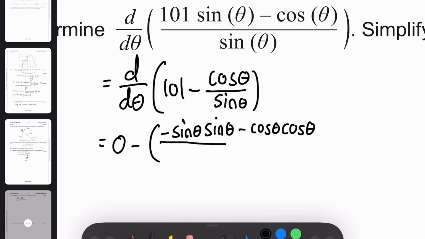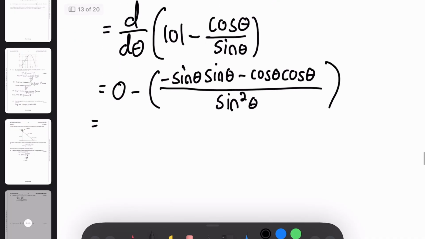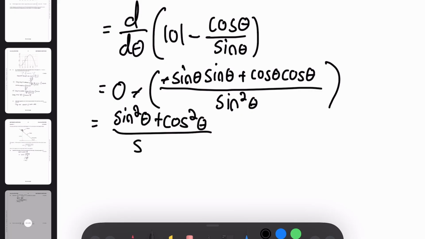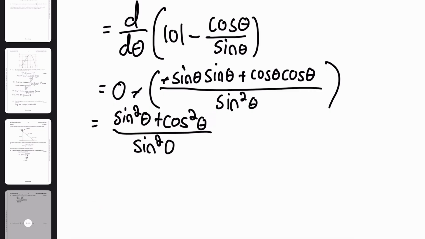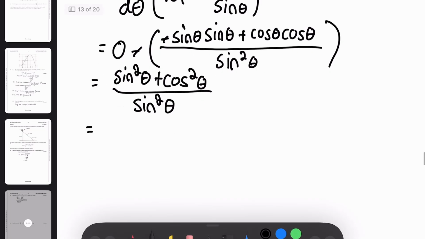Quotient rule, I nearly forgot it. Then we divide that by the bottom squared. So all of these negatives will cancel out, they will become a plus here. So then we have sine squared plus cosine squared of theta all over sine squared of theta. And obviously the top is the Pythagorean identity, so that's just 1. So we have 1 over sine squared of theta.